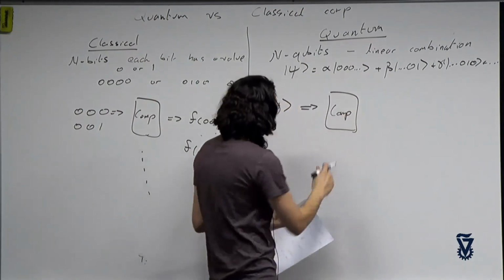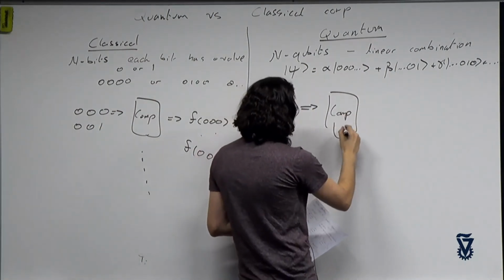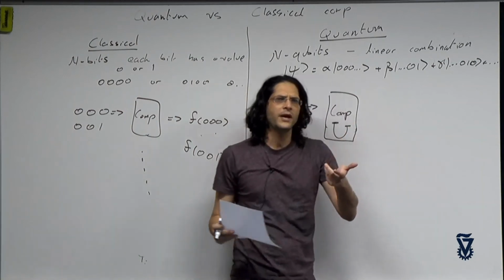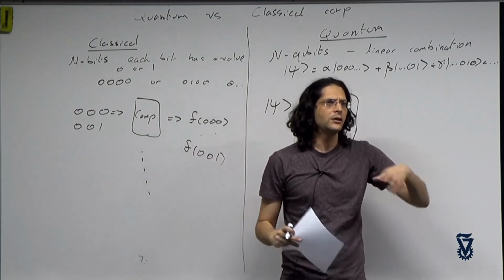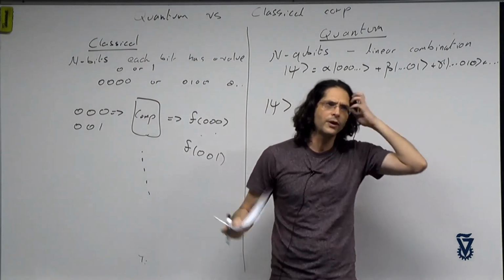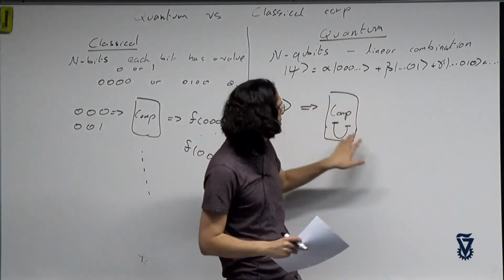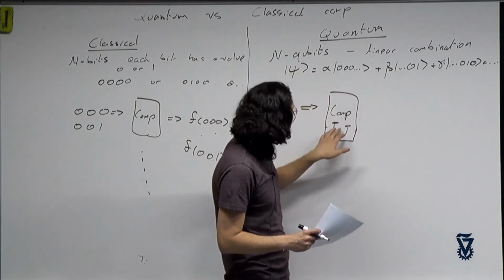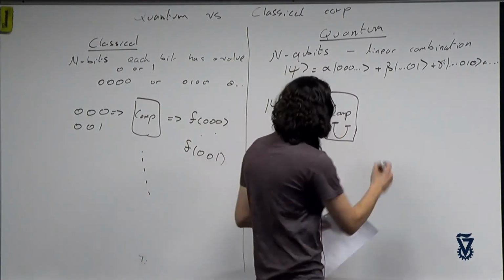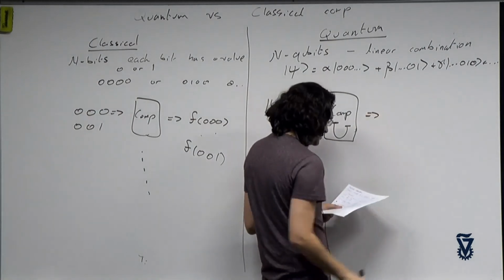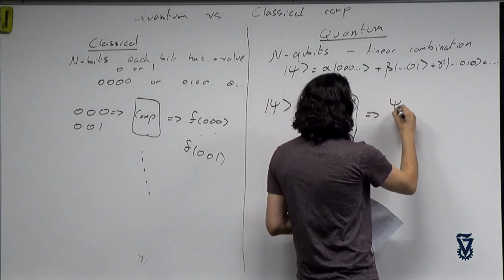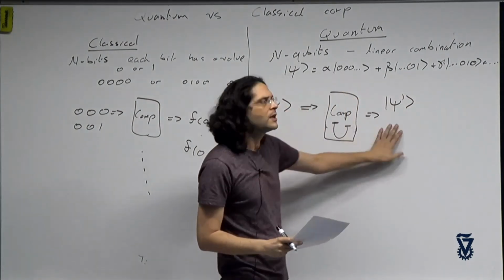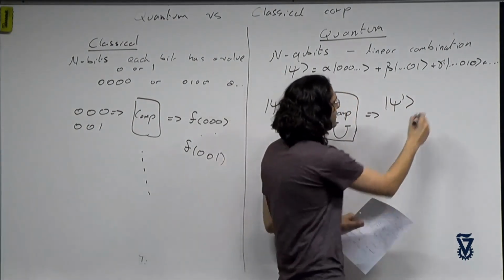Okay? And your computation are just unitary operations. Okay, so single qubit gates, 2 qubit gates, you can expand it into 3, 4, n qubit gates, but at the end you can decompose this into single and 2 qubit gates. Okay? So you have many unitary operations, and what these unitary operations do, they spew out at the end some psi prime. Right? So you have an input wave function, and at the end you have an output wave function.